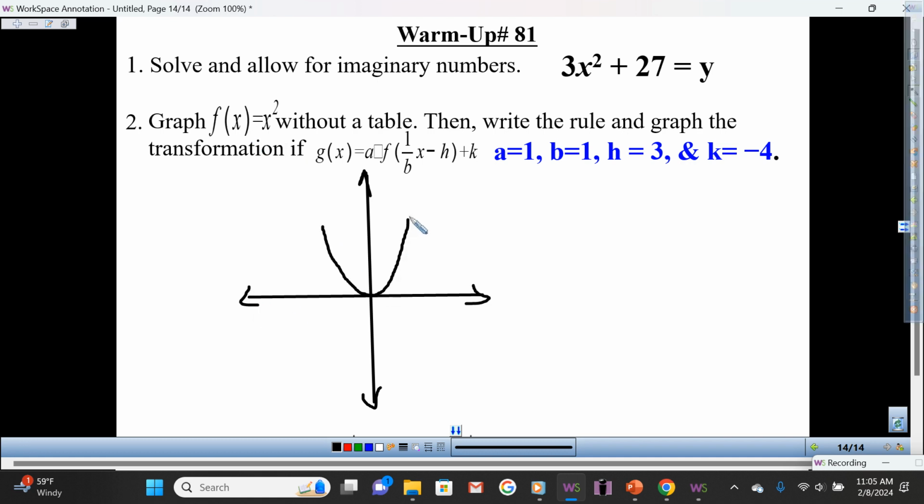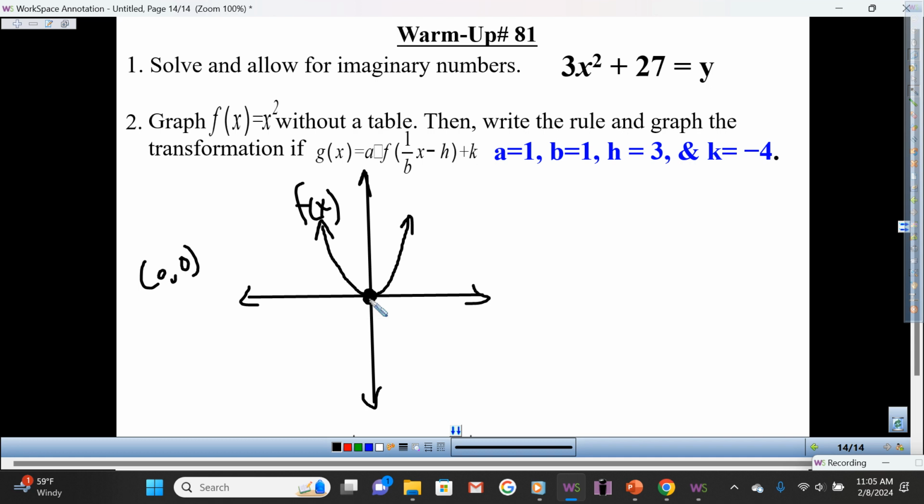It's right here. Tell your neighbor the vertex for that one. What is the vertex for that one, please? Rylan. 0, 0. Yes, 0, 0, which is right there.